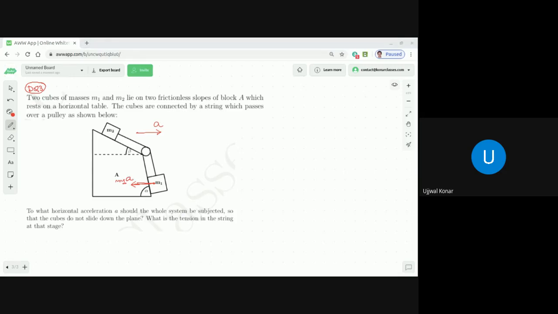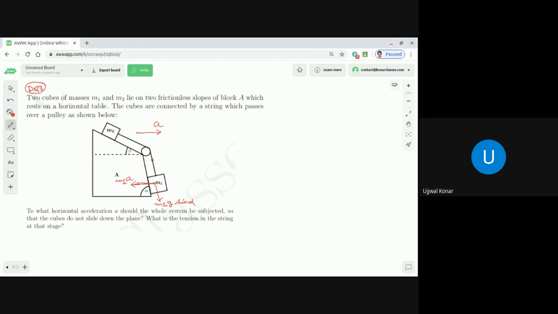As this angle is alpha, we will find a component along this, equal to m1g sine alpha. And tension is there.